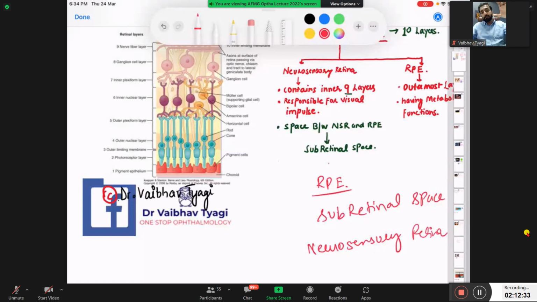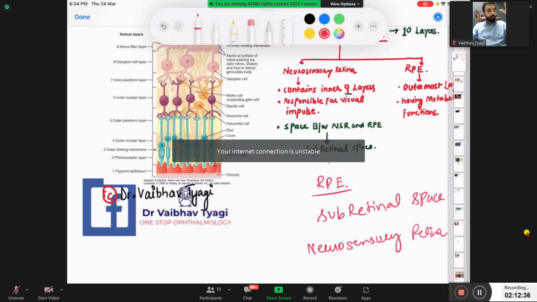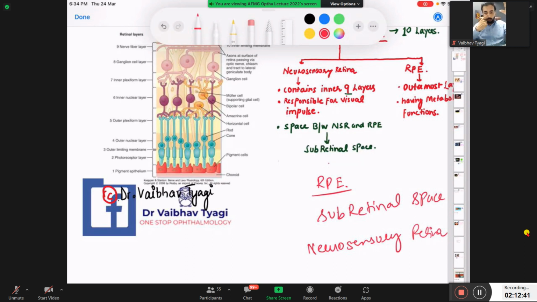Innermost layer is internal limiting membrane. That is why there are high chances that due to any disease or any detachment, the RPE and the 9 layers of retina get detached from each other. So these 9 layers can get detached from the RPE, which is the outermost layer. That condition is called retinal detachment.